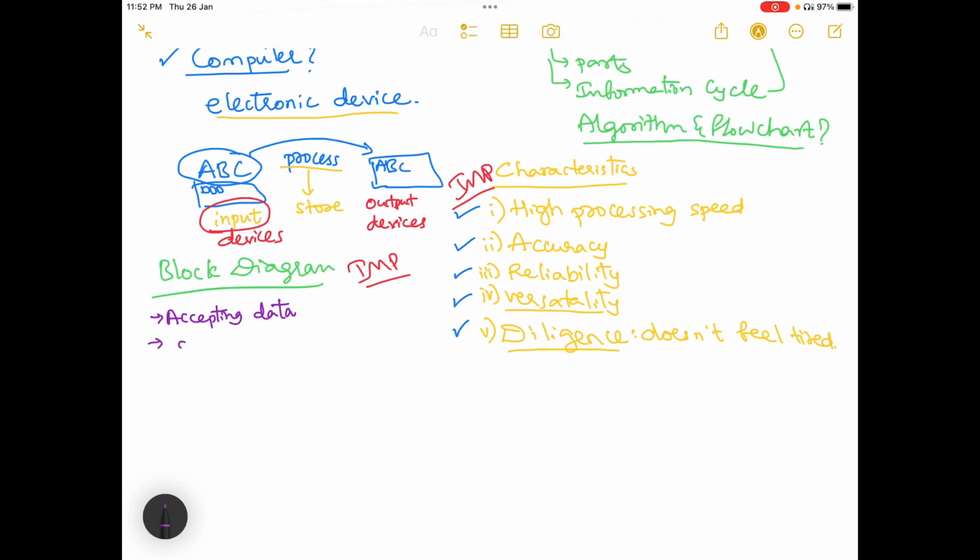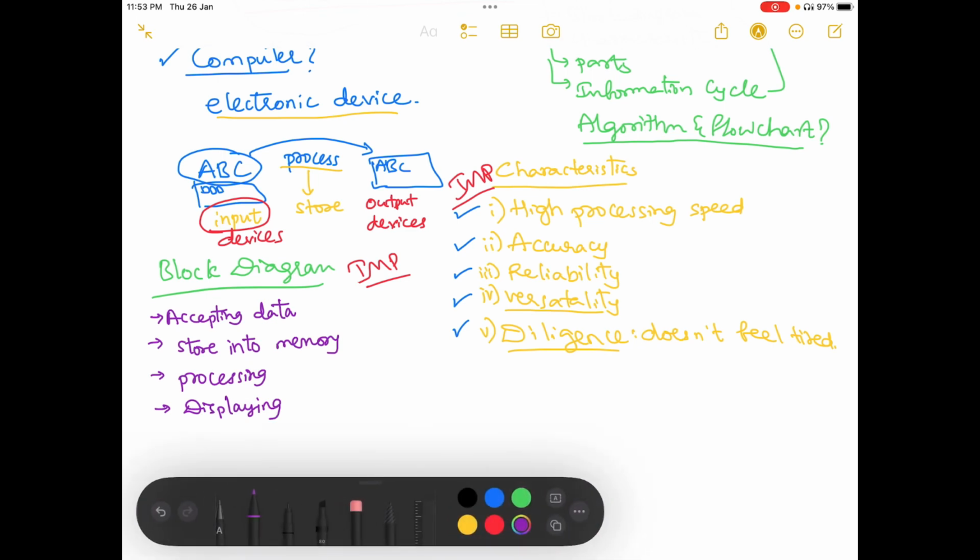And then it can store that instruction or the data into the memory, and then it is processing that data by fetching it from the memory, and then lastly it is displaying the processed data, right?